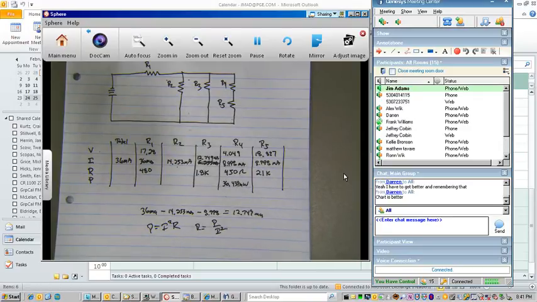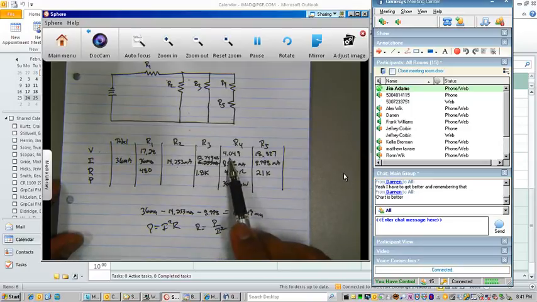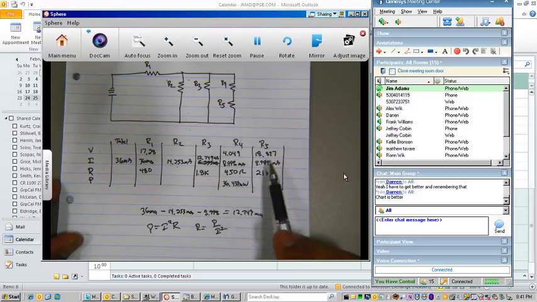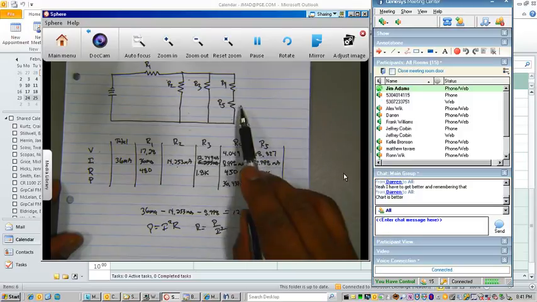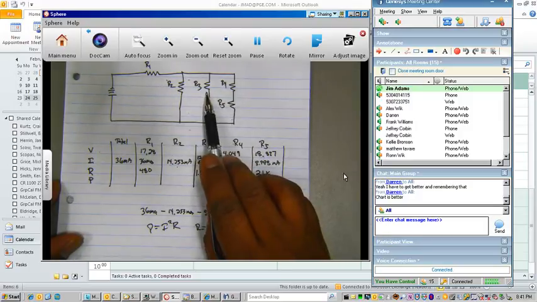I got something like 450 ohms. Yeah, 450, that's what I got. Okay, so with 450 ohms and 8.998 milliamps, what would be the voltage?